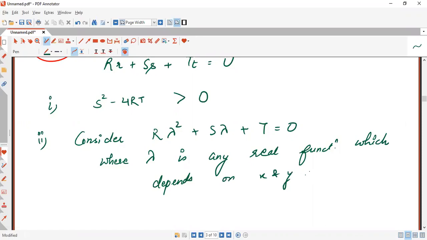Now we'll be able to find the roots of this equation. It is a quadratic equation, so it will have two roots, whether they are equal, whether they are distinct, or they are complex, whatever they are.